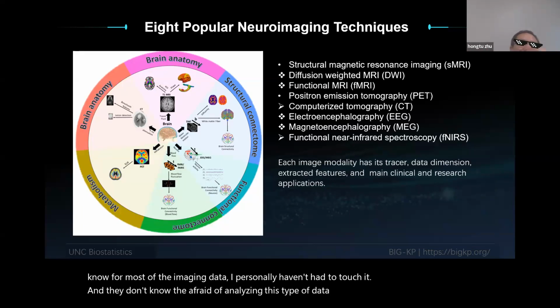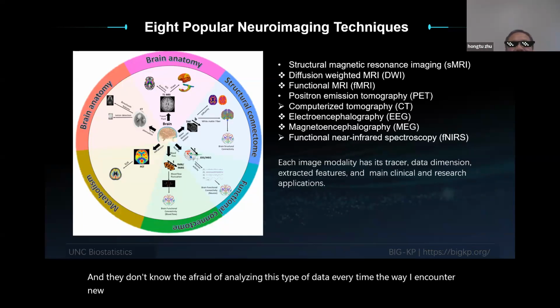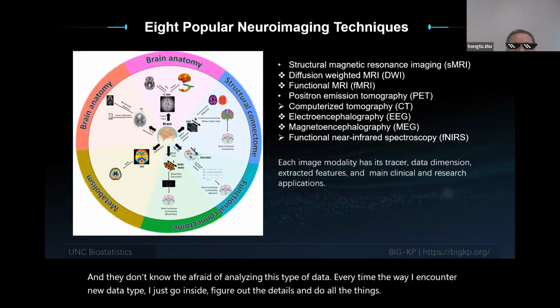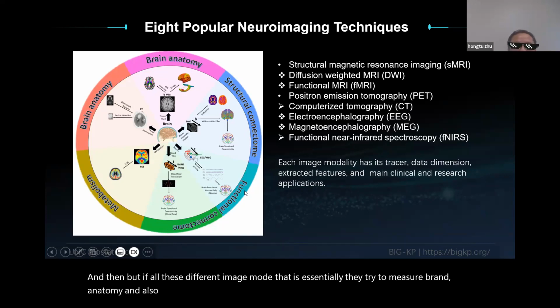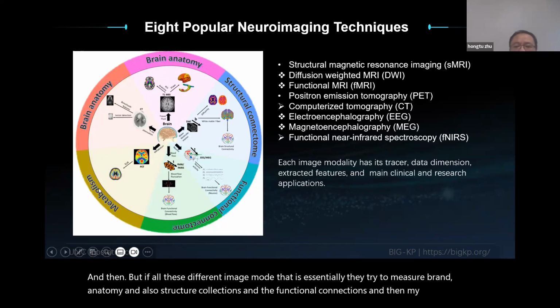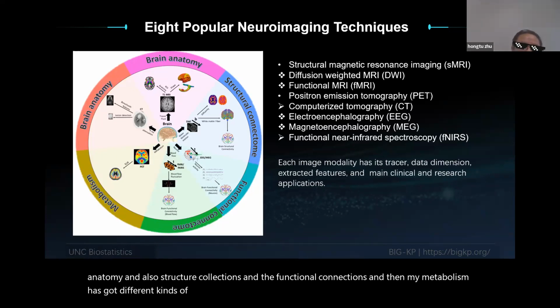Every time I encounter a new data type, I just go inside, figure out the details, and do all the things. But for all these different imaging modalities, essentially they try to measure brain anatomy, structural connections, functional connections, and metabolism. Those are the different kinds of technologies.